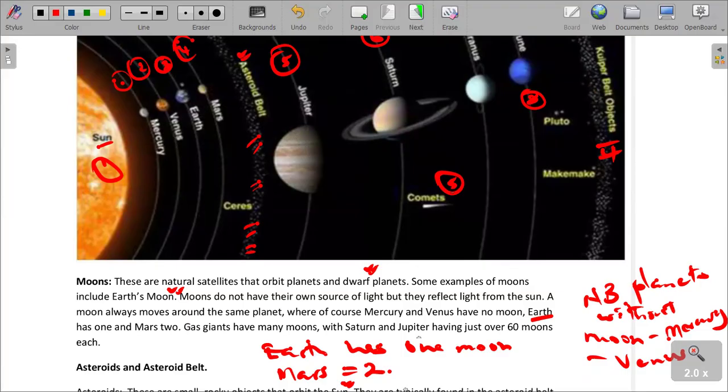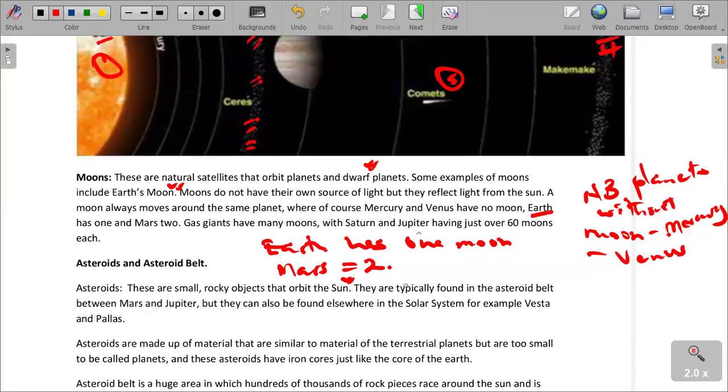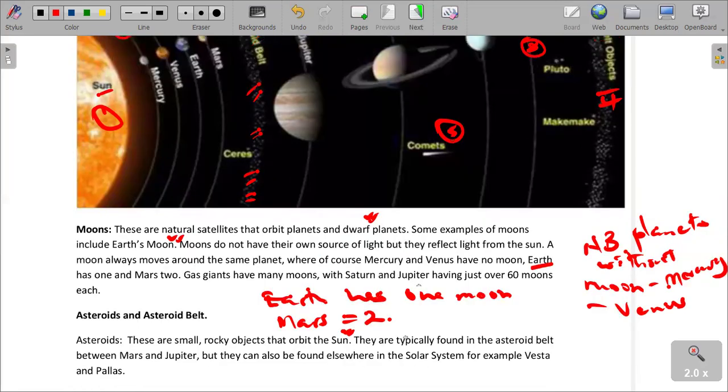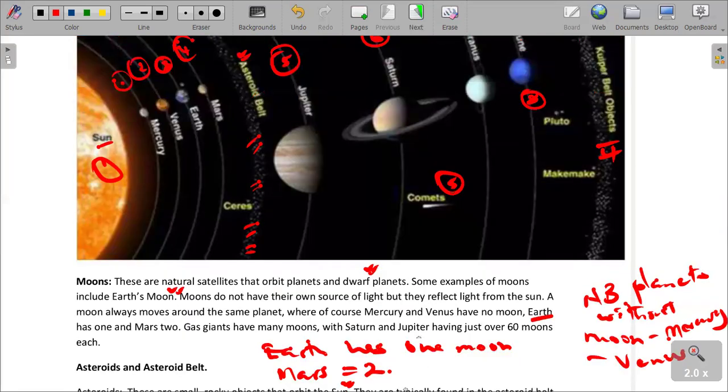What we need to understand is that these are small rock objects that rotate around the sun and are found in the asteroid belt between Mars and Jupiter. I'm sure we can see that the asteroids are found in the asteroid belt between Mars and Jupiter.